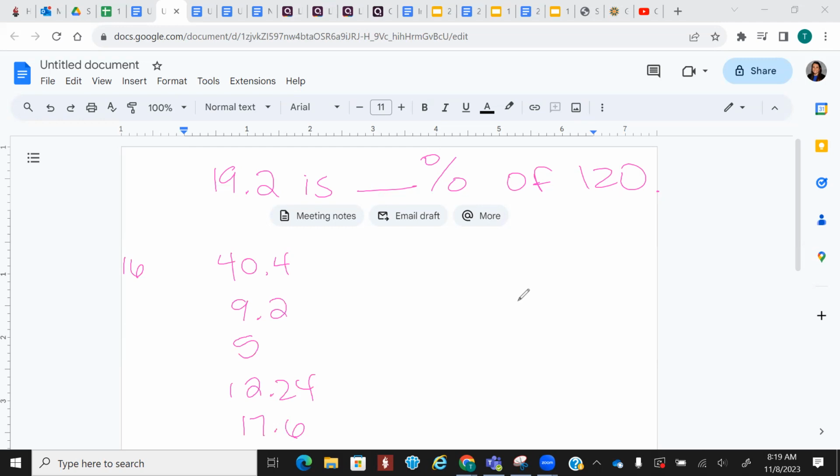So let's kind of talk through strategy. When we do percentages, if I say something like 1 is 25% of 4, how do I know that? Say it again.